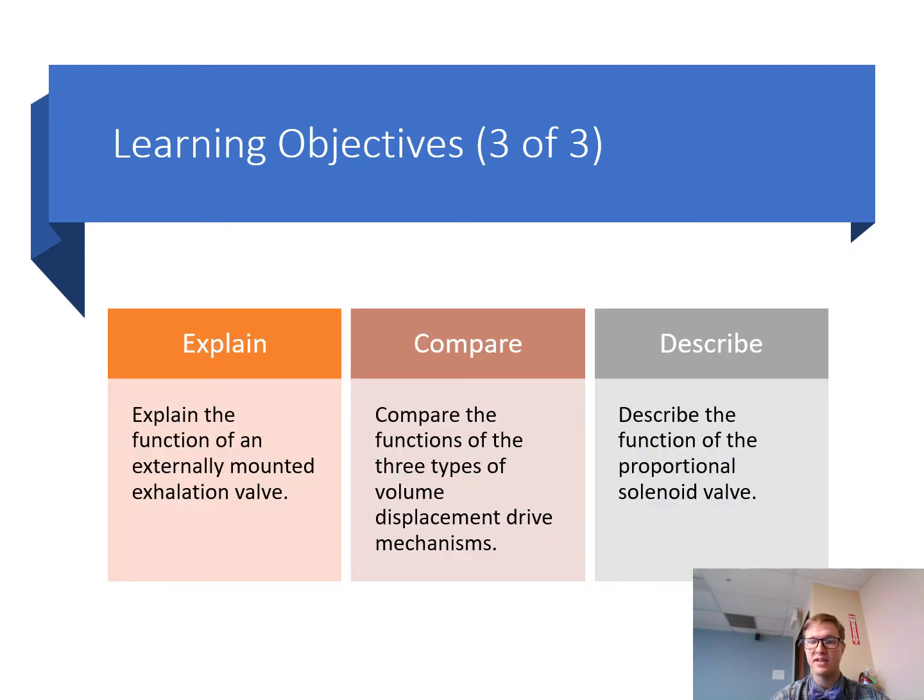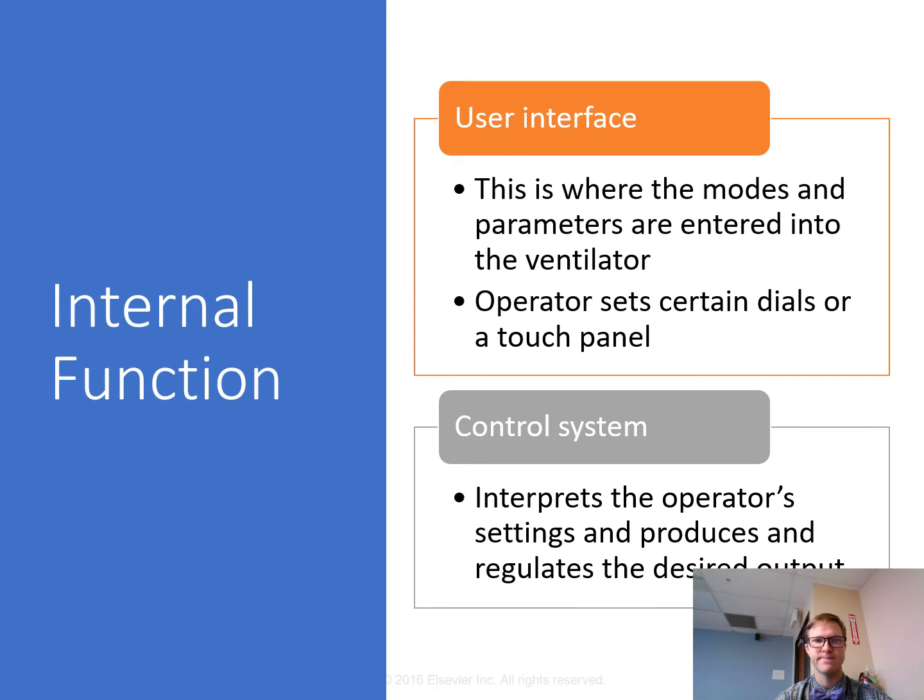The last part of our objectives here is to explain the function of the exhalation valves, which will change depending on which machine you're using, compare the functions of the three types of volume displacement mechanisms, which we'll talk about, and look at the function of the proportional solenoid valve, which is what we'll finish off with. Then I'll do some concept or clinical checks in there as well.